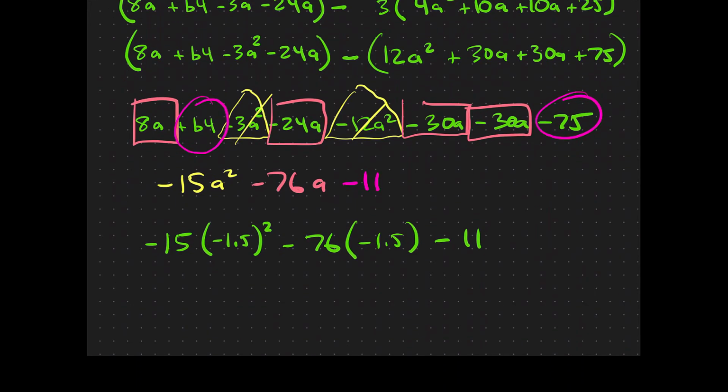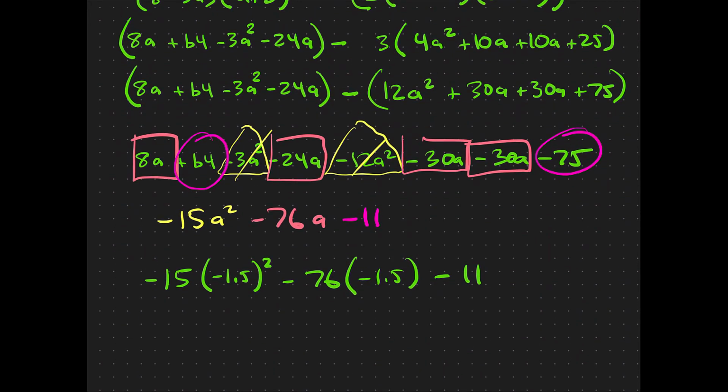And that literally just becomes a calculator exercise. We're going to jam everything into the calculator and then hit equals, and when you do that you should get, no, not negative, sorry, 69.25 meters squared.